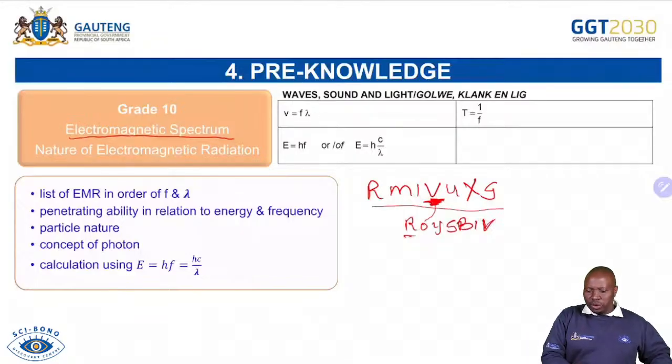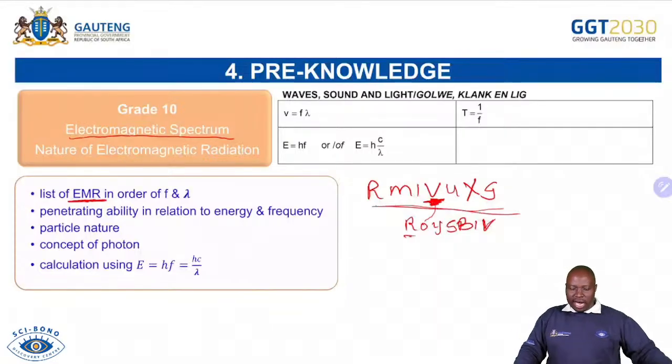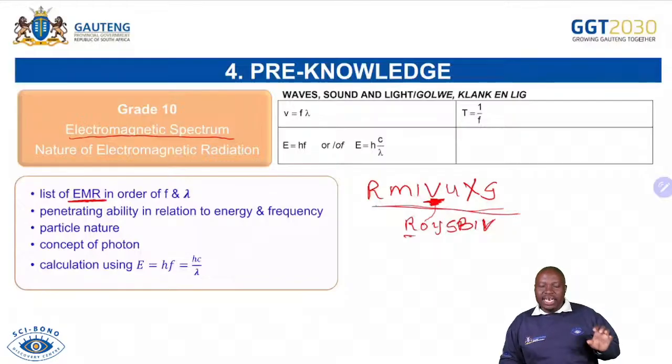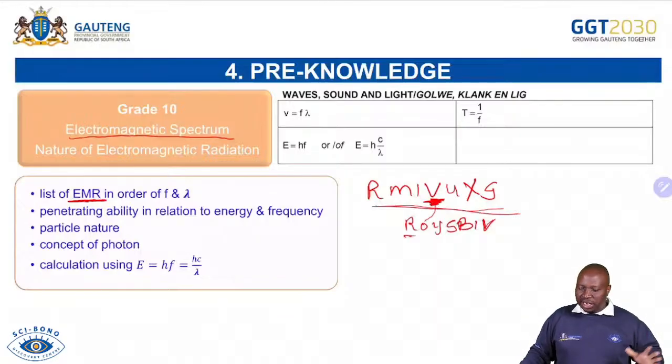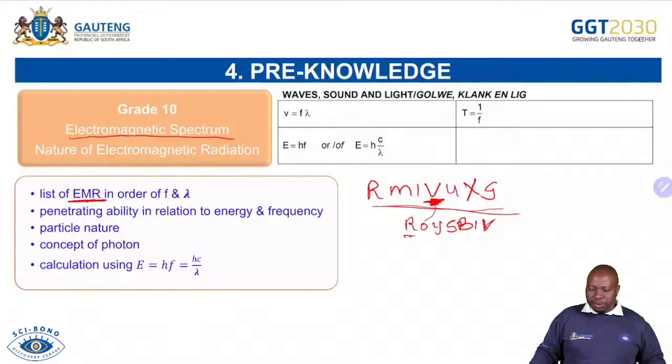We're saying you must know the nature of electromagnetic radiation, and you must be able to list them, like I've made it easier for you with the mnemonic, to remember how they are ordered. And then you must be able to know their penetrating ability in relation to energy and frequency.